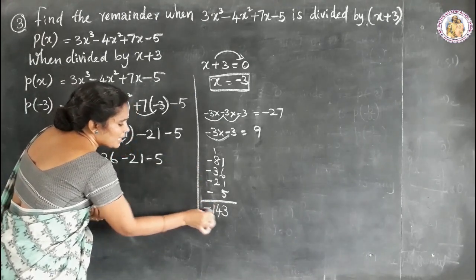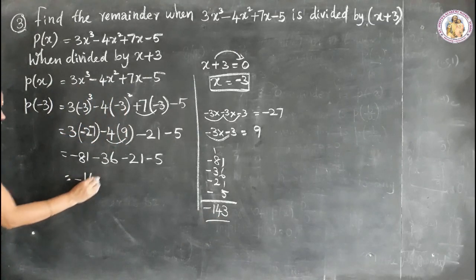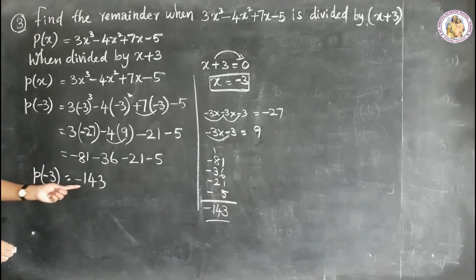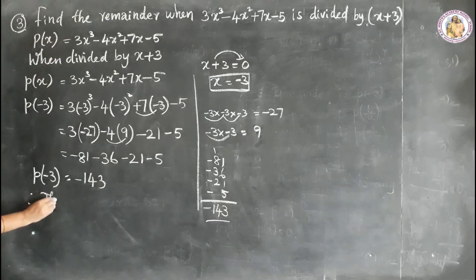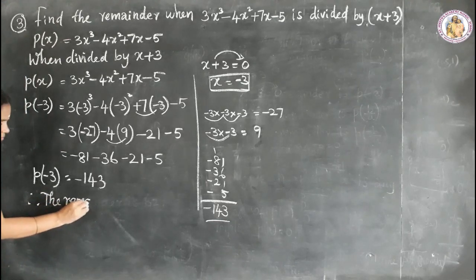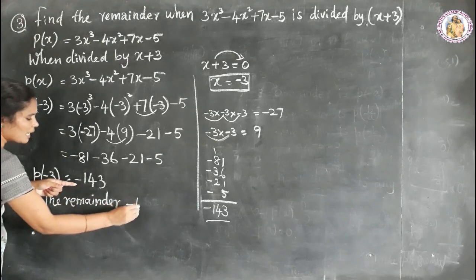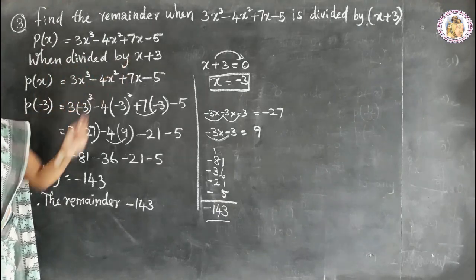Now minus 143. So P of minus 3 is equal to minus 143. Find the remainder. So therefore the remainder is minus 143 when it is divided by x plus 3.